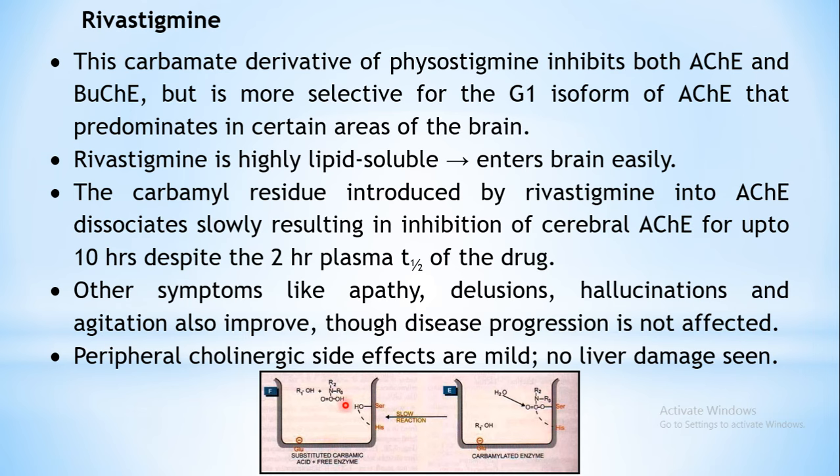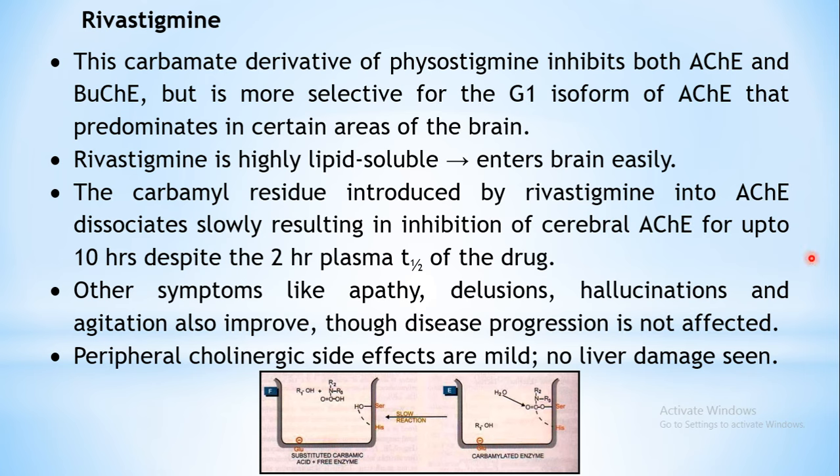But you can see, it is a slow reaction. Rivastigmine has attacked your enzyme, and it is not getting hydrolyzed very quickly. It takes time for the carbamyl group to leave, so the enzyme remains occupied for a long period of time, and ACh will not be hydrolyzed by this carbamylated enzyme. That's the mechanism of action.